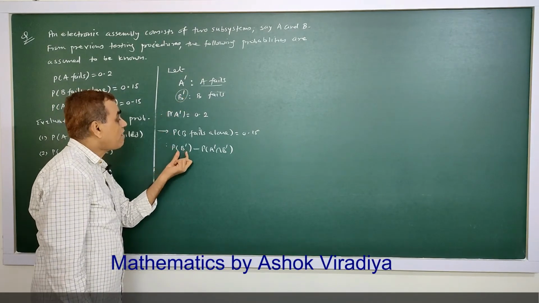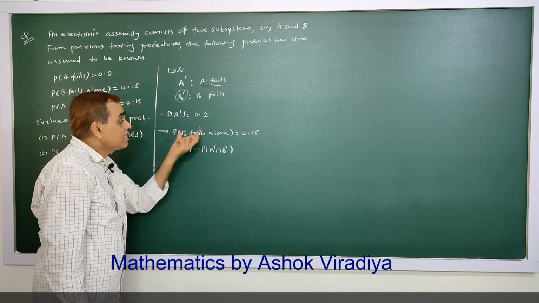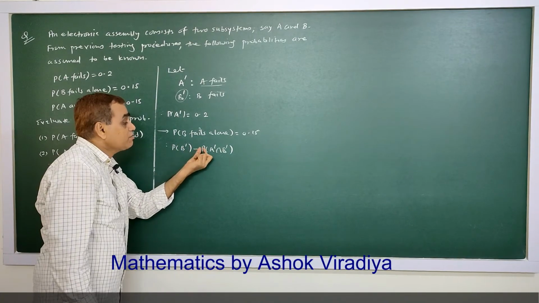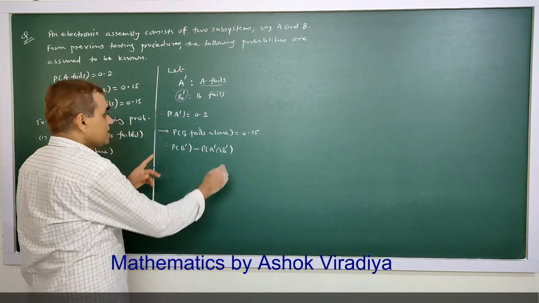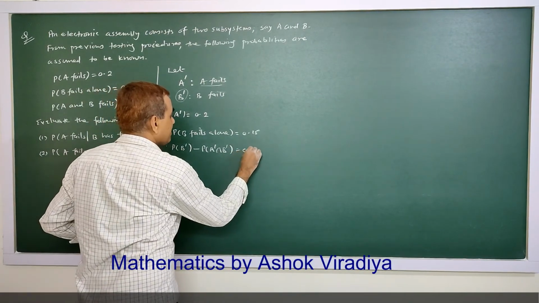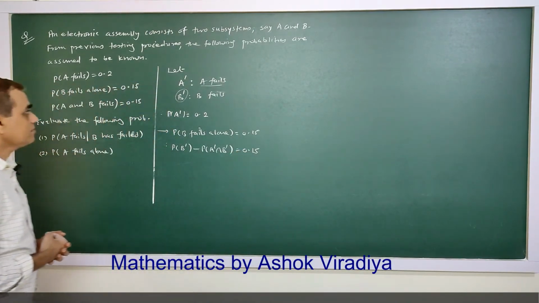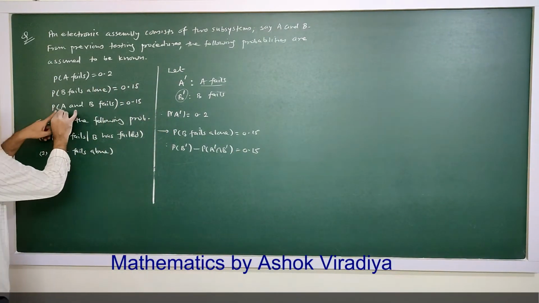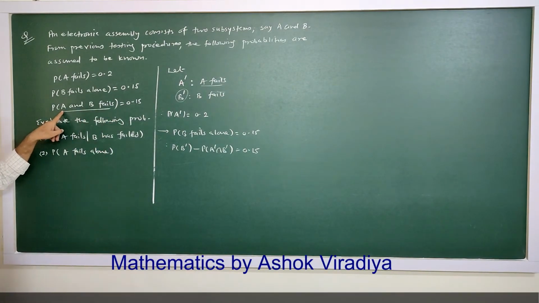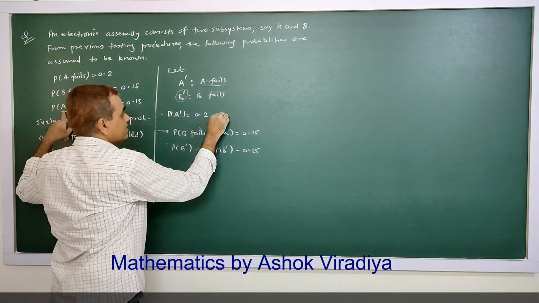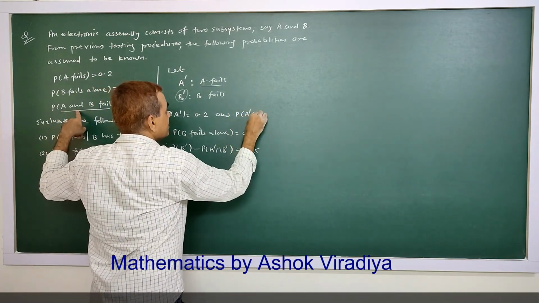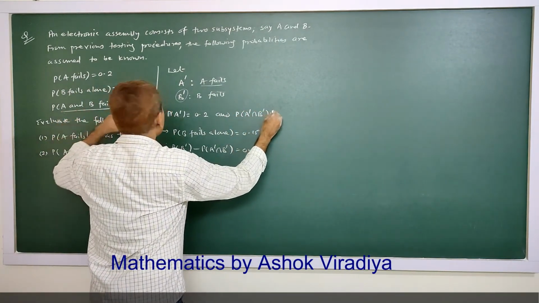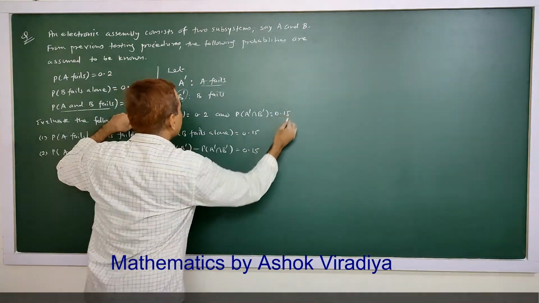So probability of only Y occurs is probability of Y minus probability of X intersection Y. So this is equal to 0.15. A and B both fail, that is A fails and B fails, it is 0.15.